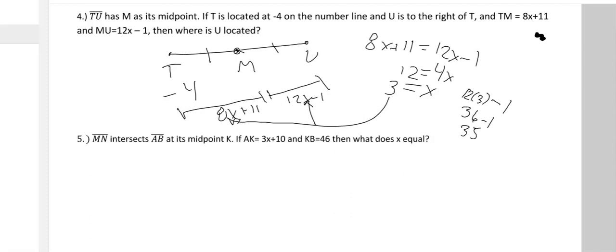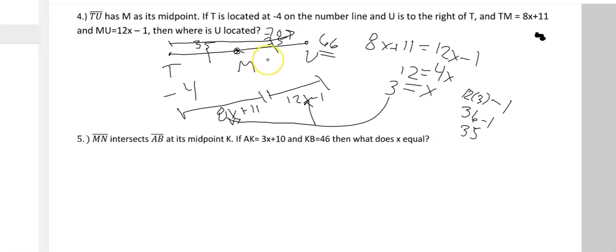So I know that this length here is 35. This one is also going to be 35. So the whole length is 70. If we started at negative 4 and went 70 in that direction, where would we end up? 66. Lovely.